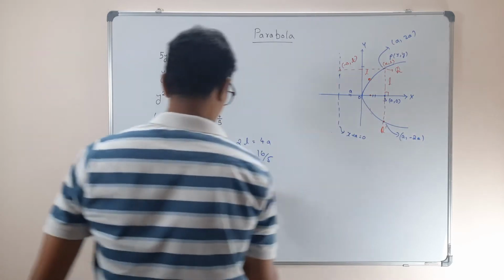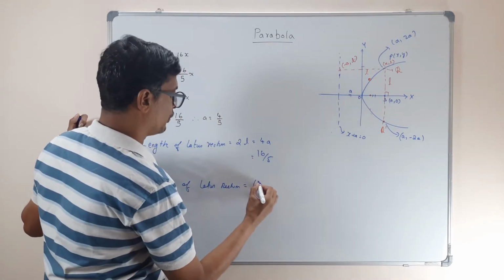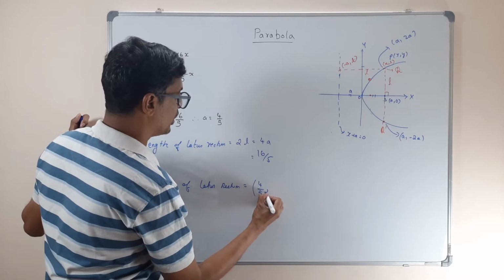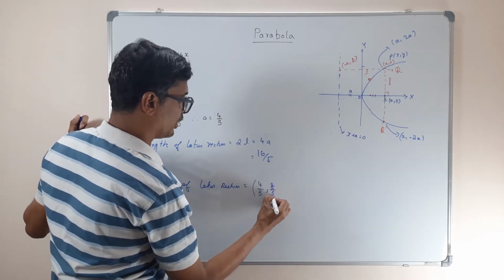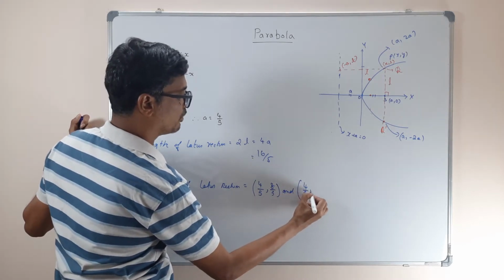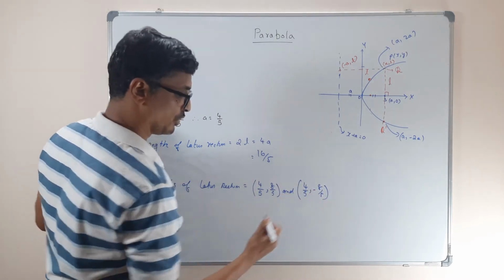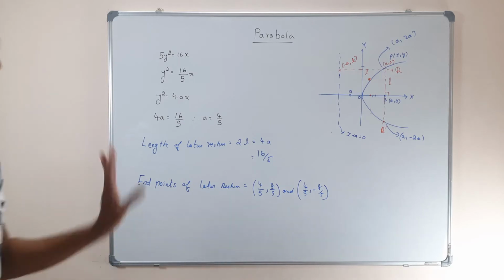A is 4 by 5, so it will be 4 by 5, comma 8 by 5, and 4 by 5, comma minus 8 by 5. That's all your answer is. Cool?